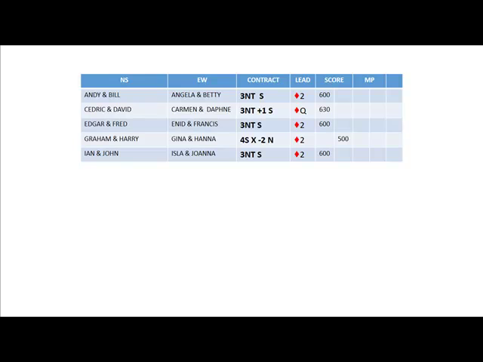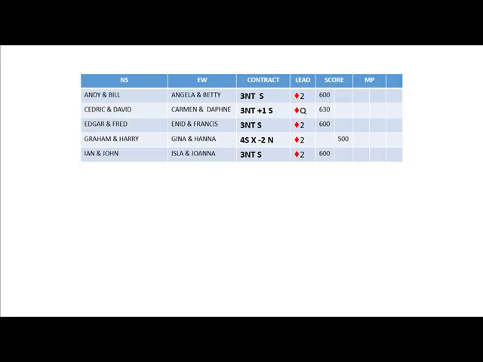Big deal. But now, in duplicate bridge, those bridge scores are only a guide to how you actually score in duplicate bridge. Let's look at Andy and Bill. They scored 600 bridge points. How do we work out the match points?